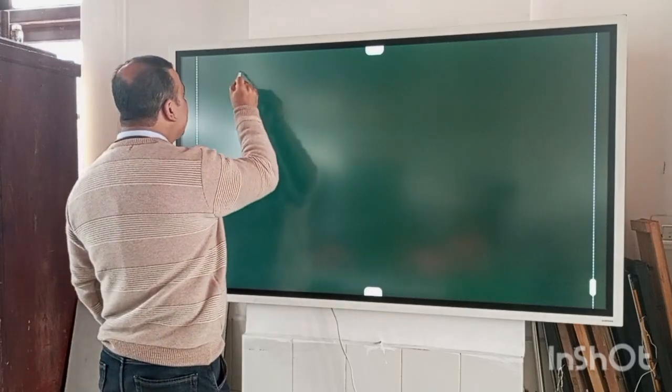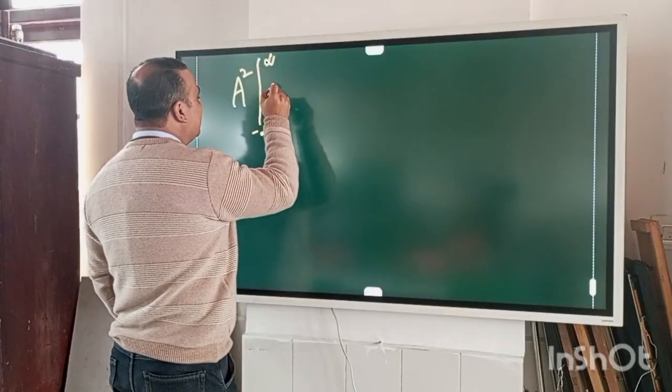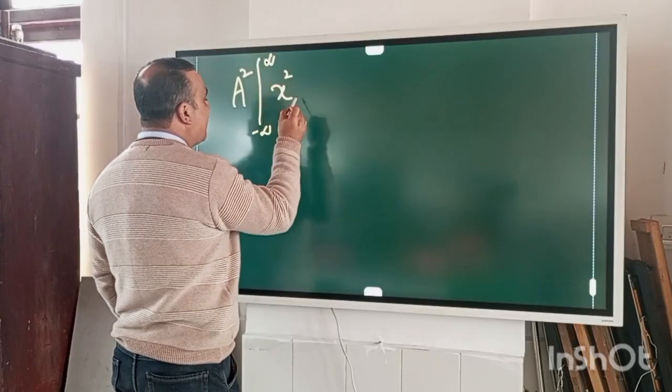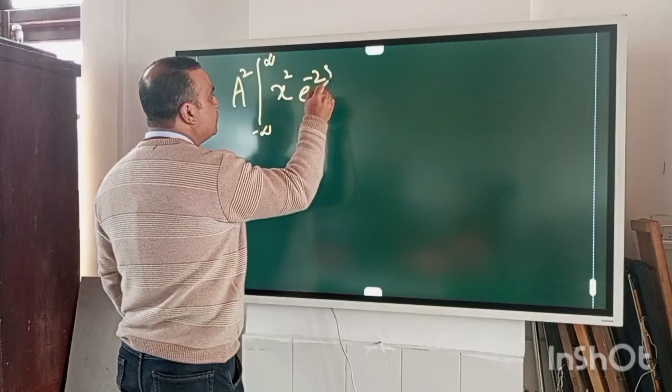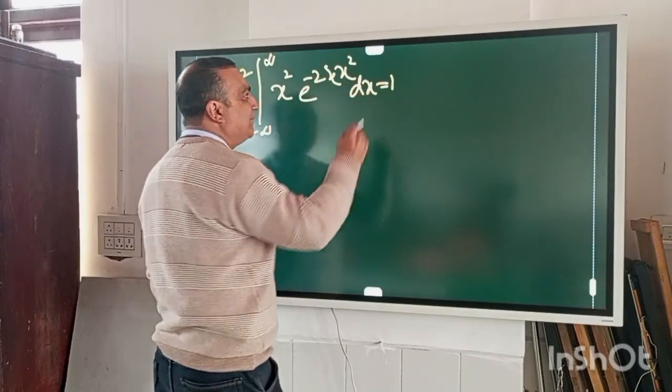So what I'll have is A squared, integral minus infinity to infinity, then I have x squared e to the power of minus 2 zeta x squared dx. This thing is equal to 1.